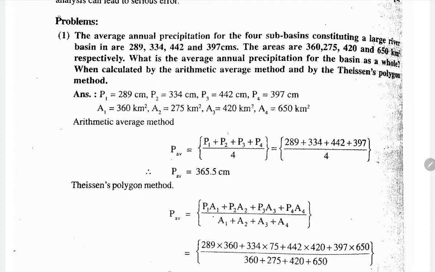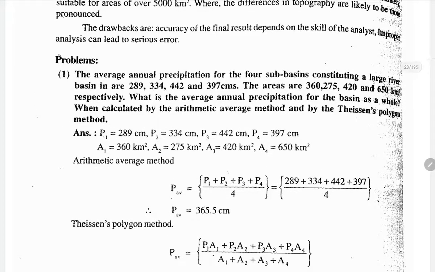So first instrument point will have the reading of 289 centimeter of rainfall, and the area covered by the first station is 360 kilometer square.